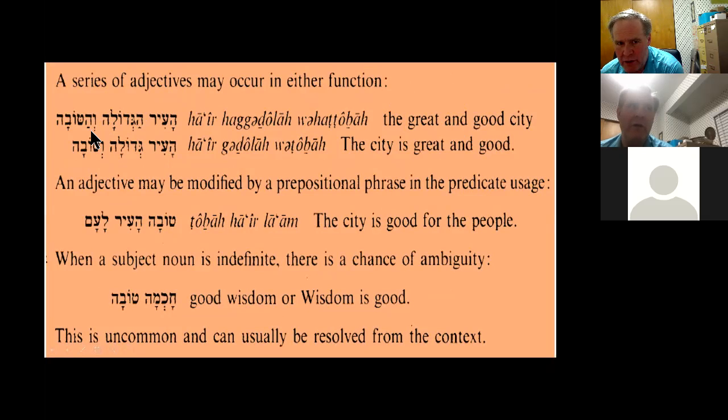Then good would be tov, but it's feminine, so it'd be tova. But with a definite article, the ha, it'd be hatova. And then there's the vav. So this would be the city, the great, and the good. So the great and good city. And great can be wonderful, amazing, or it can be really big.